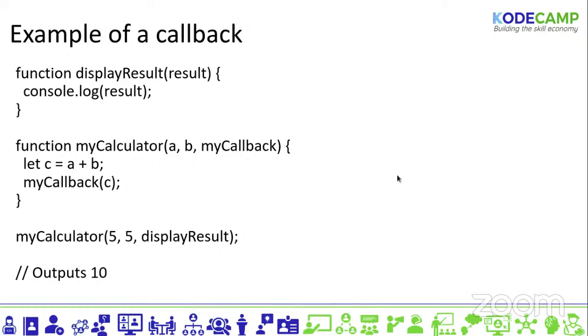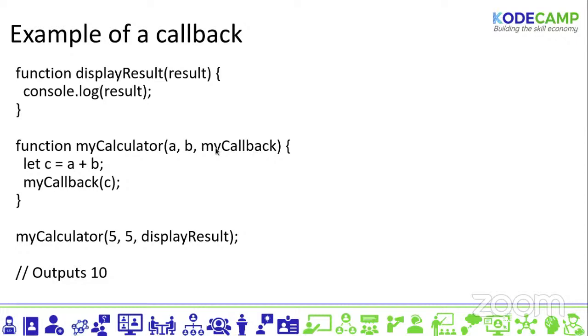So this is an example of a callback. We have this function here, display result, and then we have result here. And then we have my calculator as another function. This my calculator takes in two parameters, let's say two numbers, and it takes in a callback which I call my callback.